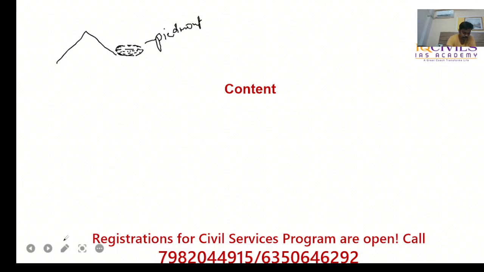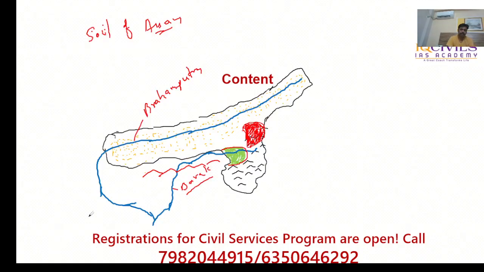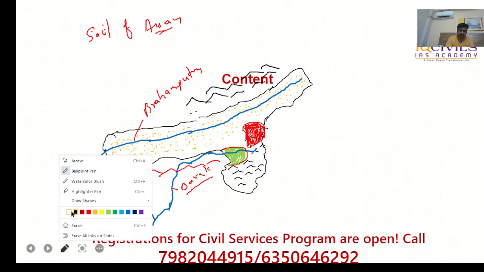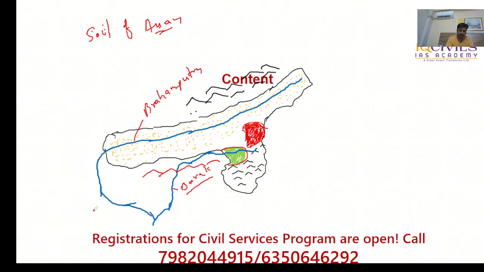Basically, Piedmont soils are found in such regions because you can see the hills are located here in the regions of Arunachal Pradesh, and just below the hills you have such kind of soil, which is known as Piedmont soil. So Piedmont soils are found in this region, just at the foothills of the Himalayas of Arunachal Pradesh.